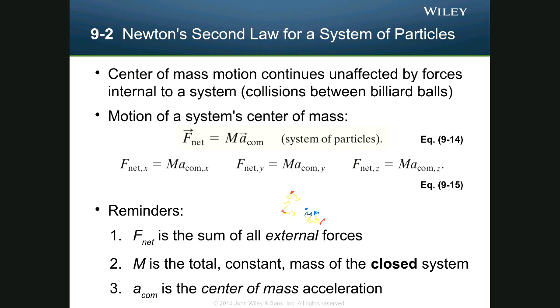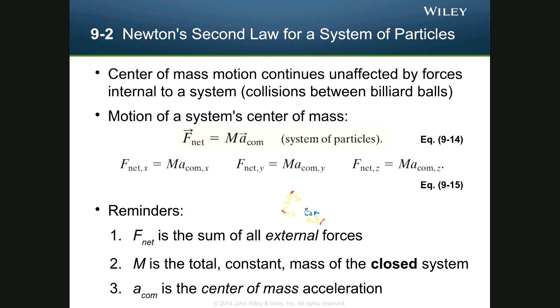All right, so if this whole system is moving and internal forces are causing these to go apart, a good example of this is like fireworks, right? So in fireworks, internal forces cause it to explode, right? So you'll see these all explode and be pushed away from each other. But the center of mass motion remains unaffected, okay?